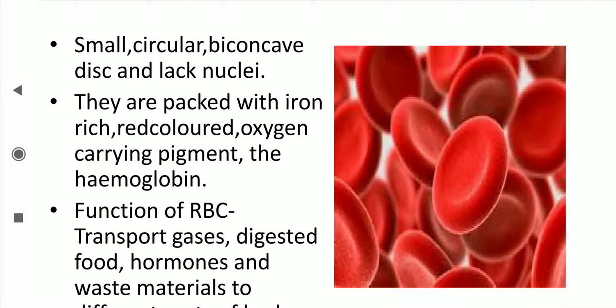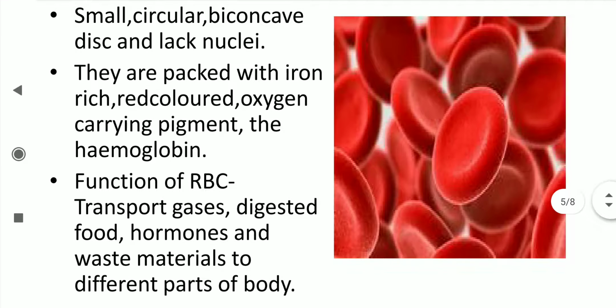Children, nucleus, you are all aware of the nucleus. These RBCs, when they originate, when they are young, at that time they have a nucleus, but when they grow old, the nucleus vanishes. So we say that RBCs don't have a nucleus. Okay.